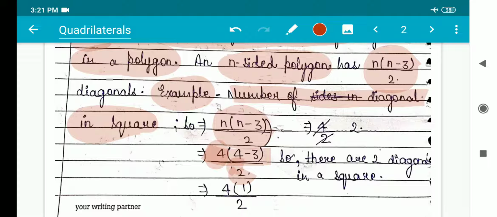After calculating, we get 4 by 2, and after reducing it we get 2. Therefore, there will be 2 diagonals in a square. You can check by drawing a square and then drawing the diagonals. You will see that the answer is 2.